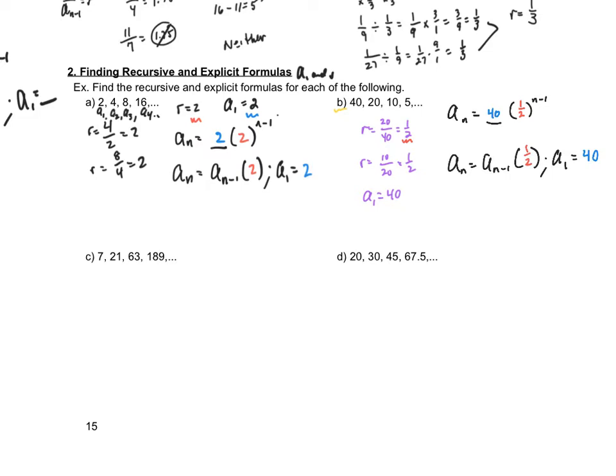And now what that allows me to do is I can pick any term number. For example, we know this is term 1, 2, 3, 4. So if I wanted to go to the 7th term, I could just go to a7 using the explicit formula. a7 equals 40 times 1/2 to the 7 minus 1, so a7 is equal to 40 times 1/2 to the 6th.